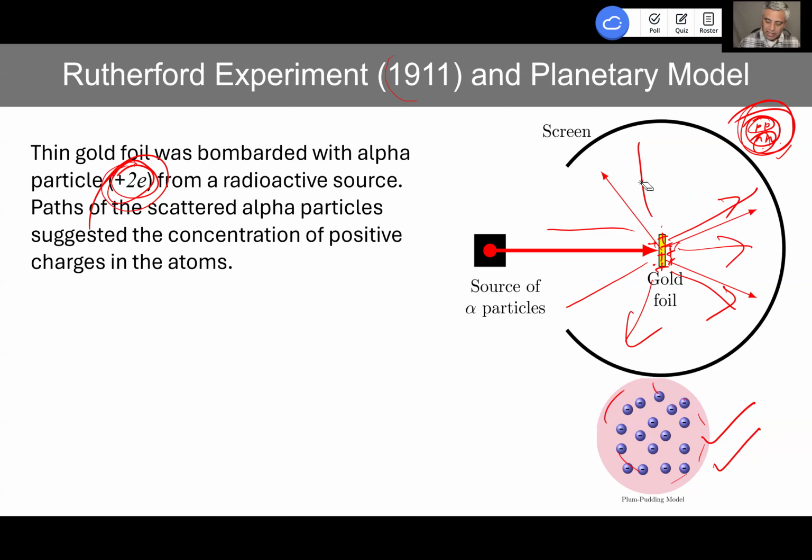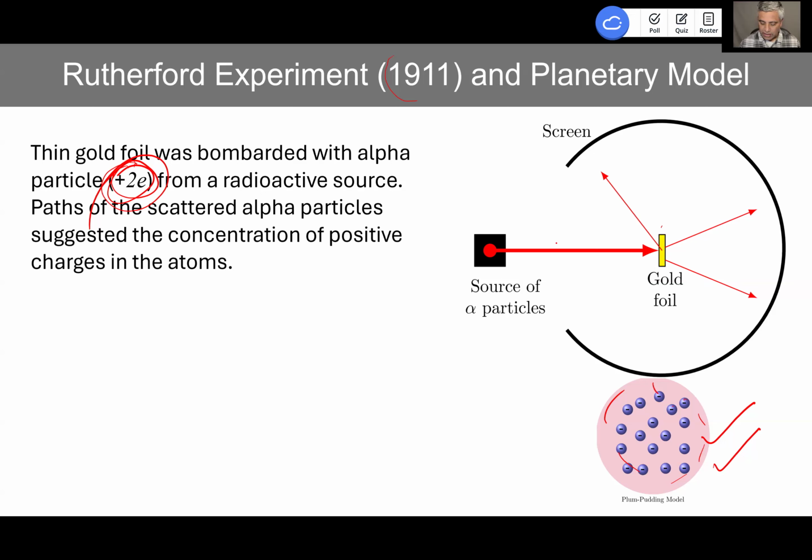But the experiment shows something like this that I have sketched in this diagram. Most of these rays or alpha particles pass mostly straight, and some of them are scattered, something like this. Very few of them. So what's going on?